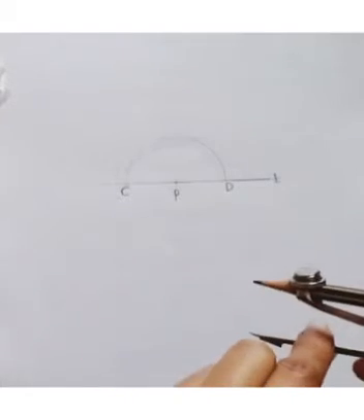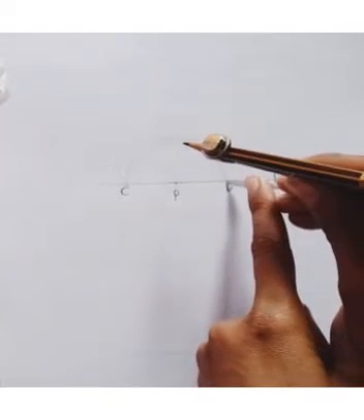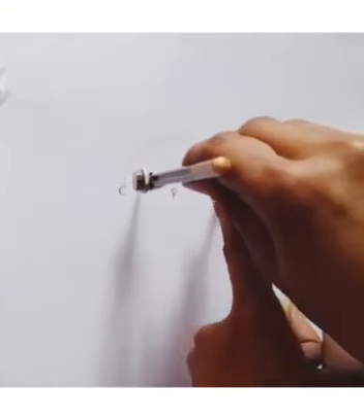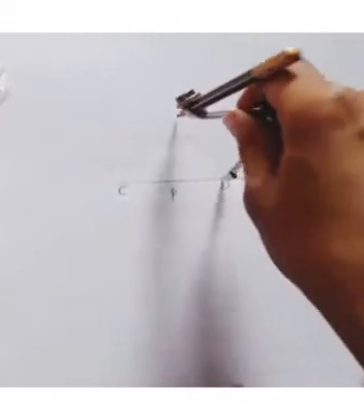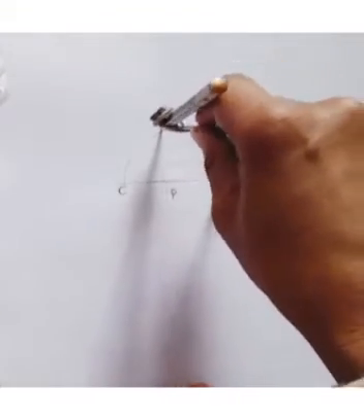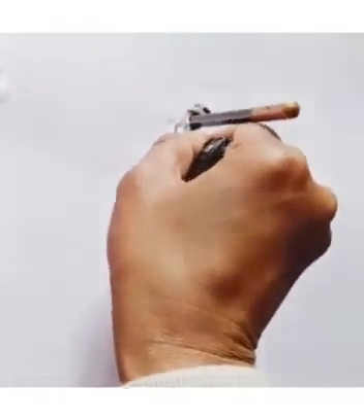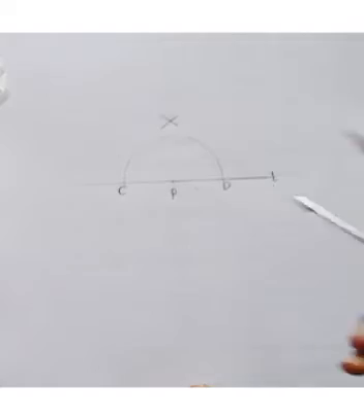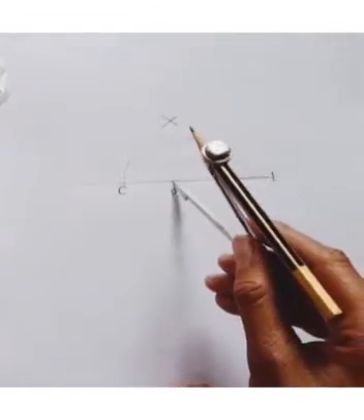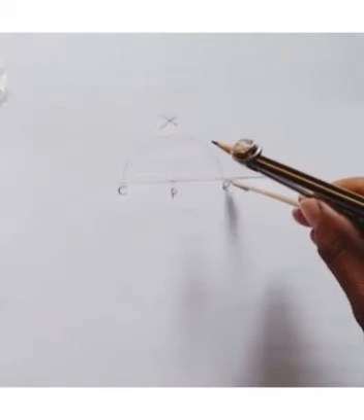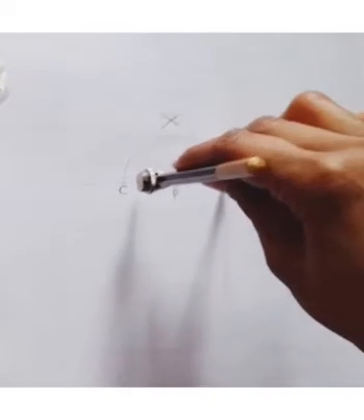Clear? Now what you have to do, you have to take the same radius or just more than half of CD. This is more than half of CD. You will mark one arc over here from point D and another arc from point C. First you have to open your compass of any suitable radius and mark CD. Then you have to open your compass more than half of CD like this.